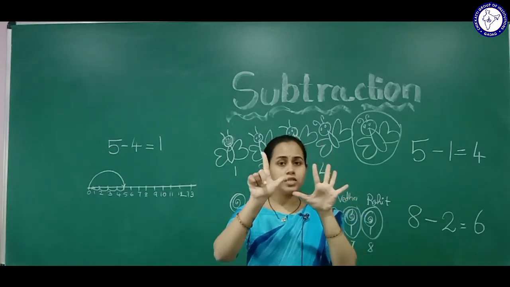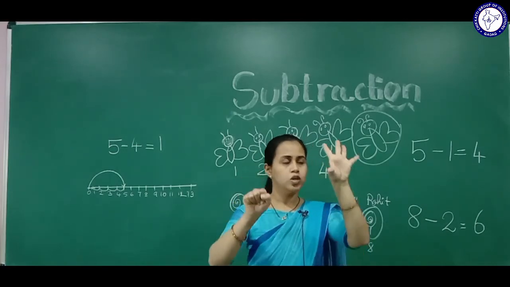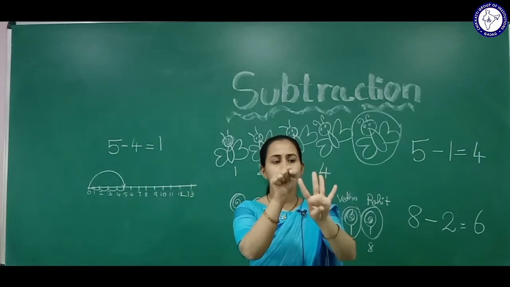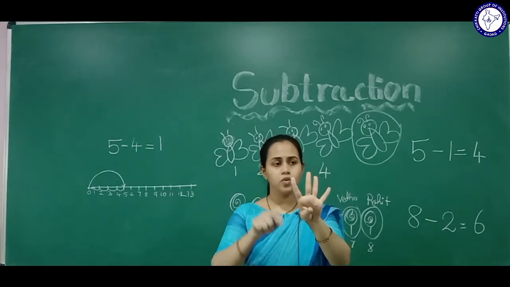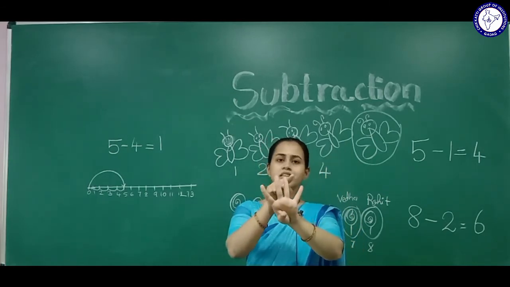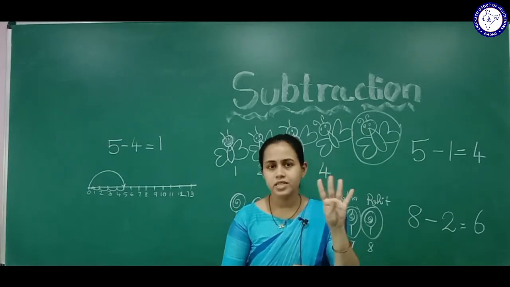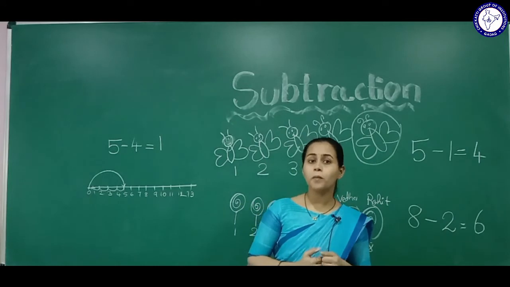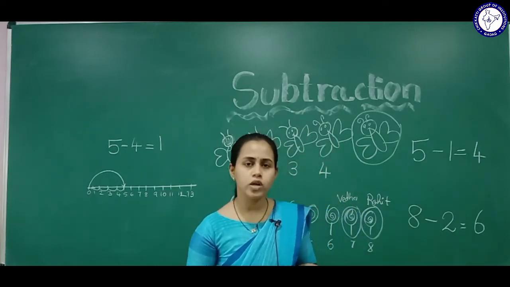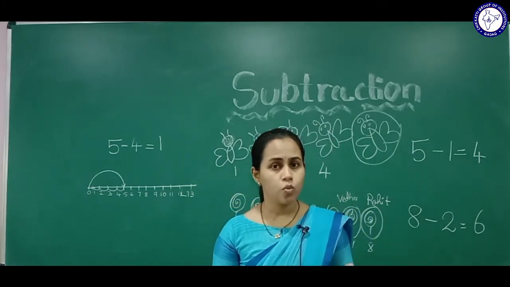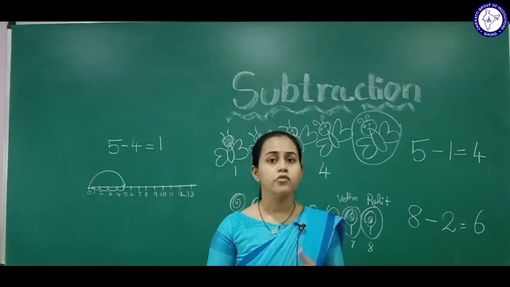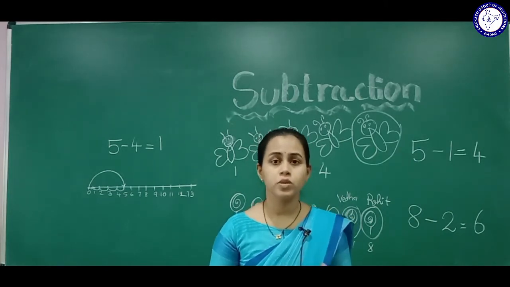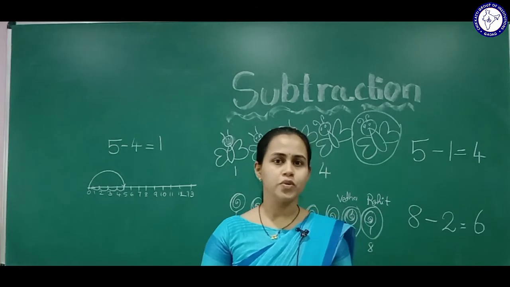How many chocolates? 1, 2, 3. Right, so how much do we have now? 1, 2, 3, 4. Like this also we can do. If you know backward numbers, you know backward numbers from 20 to 1. Right, so if you know the numbers, then it will be easier for you, right?